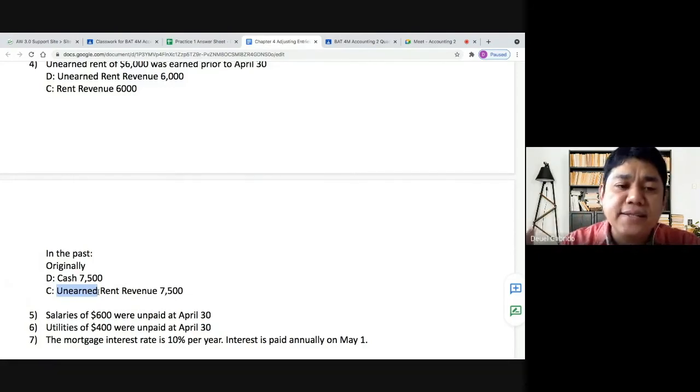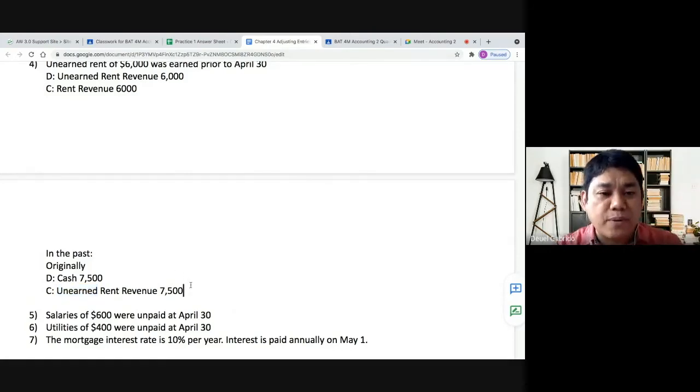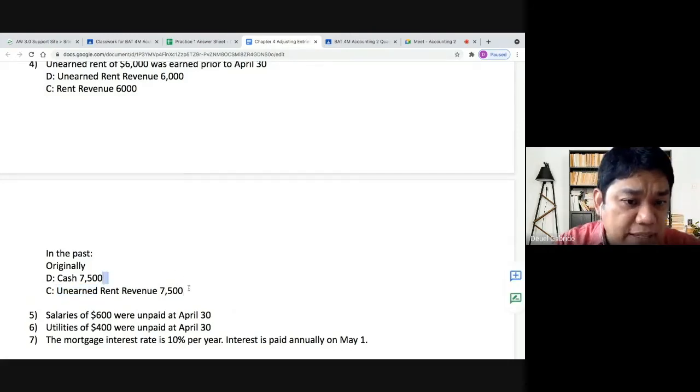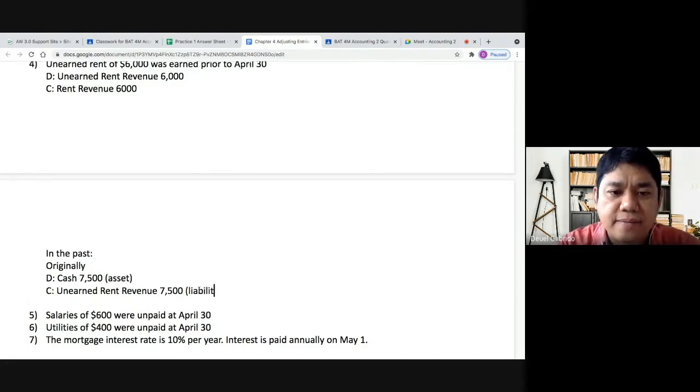The tenants or the renters have not used our building yet. So in short, we get their cash and this is treated as liability as well. This is an asset, of course, we know that. And unearned revenue is considered a liability.